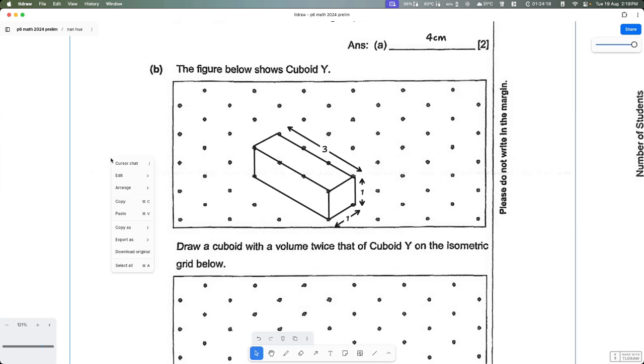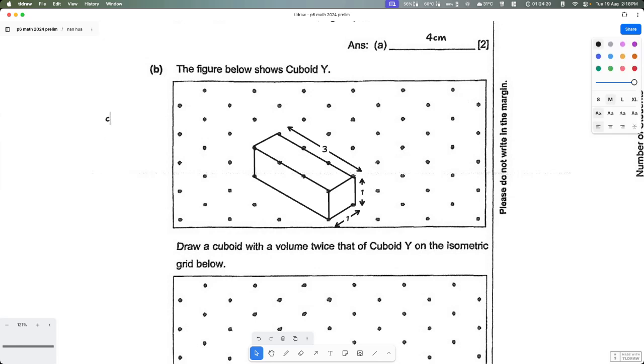So I will just write down here, cuboid Y's volume is equal to 3 times 1 times 1. So this will become 3 centimeter cube, right?